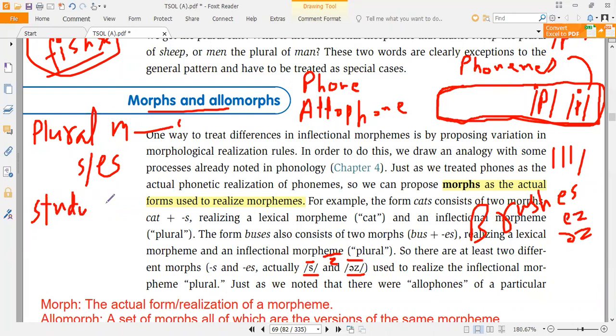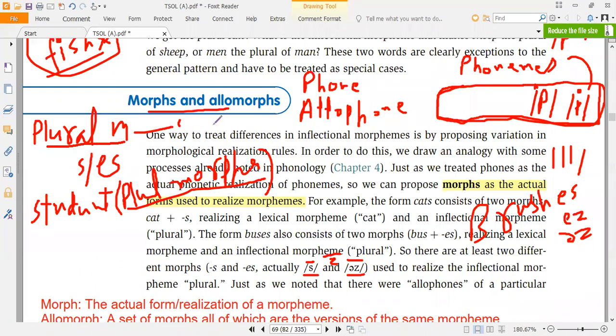Yes, the sound s and the letter also s. Exactly, you will add the letter S. You wouldn't write student and then beside it write plural morpheme, would you? Have you ever written it like that in a paper or notes, student plural morpheme, in order to show the plural? No, sir. Never ever.